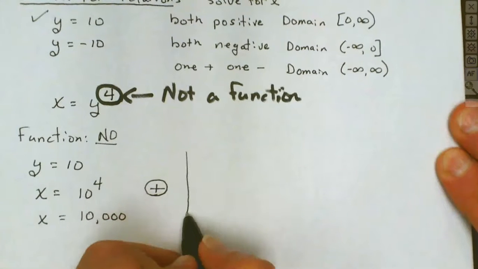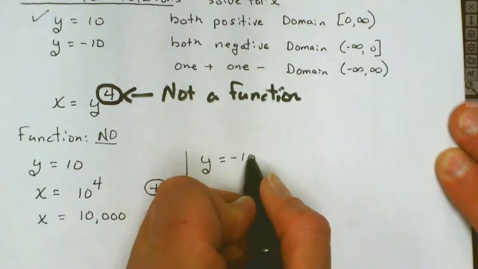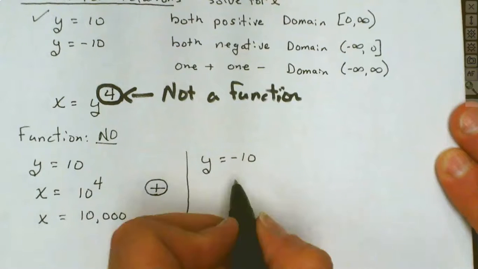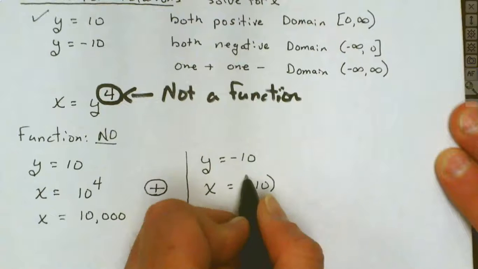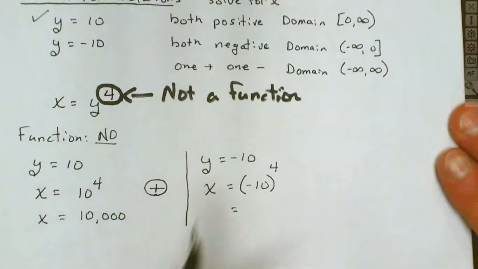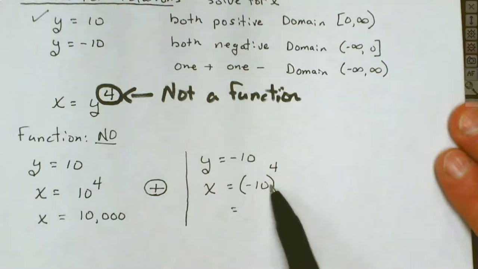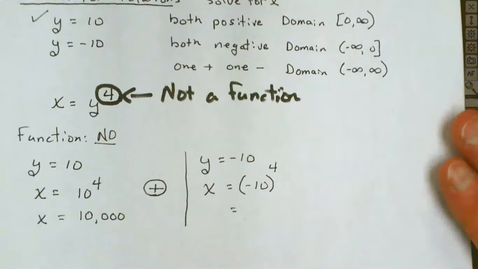Now if I plug in a negative 10 for the value of y again, let's remember our order of operations. We'll do that power first with the parentheses. And what happens if that negative 10 is inside the parentheses?